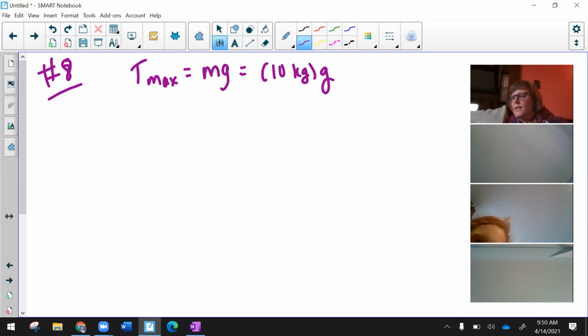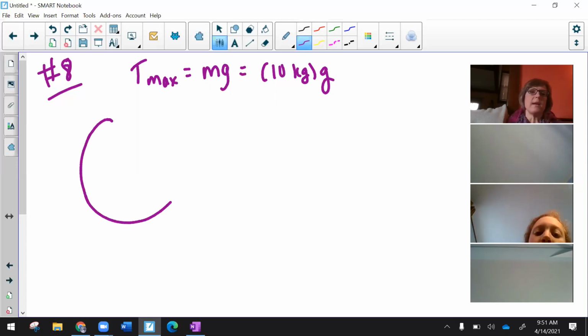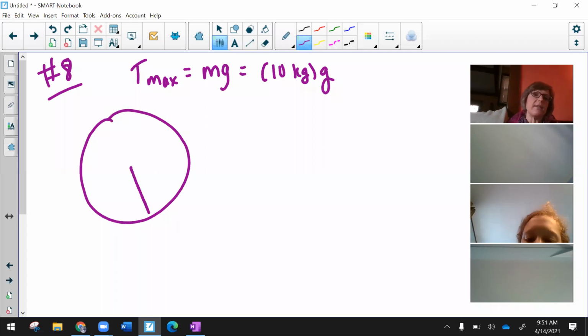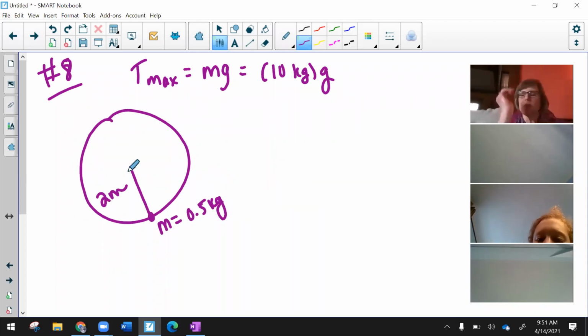A length of string that is 2 meters long is used to rotate a 0.5 kilogram object on a circle on a frictionless table with the string horizontal. So I've got a circle, I've got my mass out here, which is 0.5 kilograms, and this string is 2 meters. The maximum speed that the mass can attain under these conditions without the string breaking is most nearly.